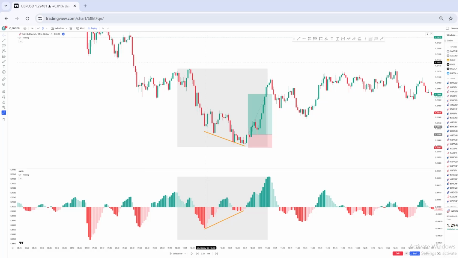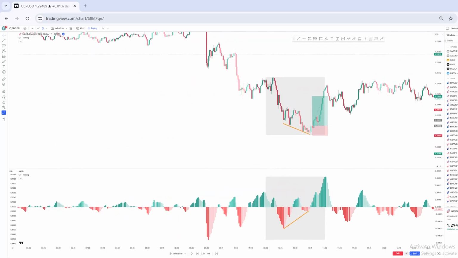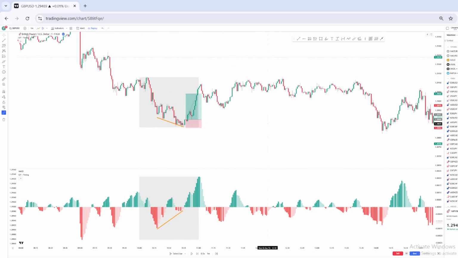Okay, and at least maybe two or maybe even three setups will be formed during the week. Okay, so there could be some days where there is a trade in only one session.